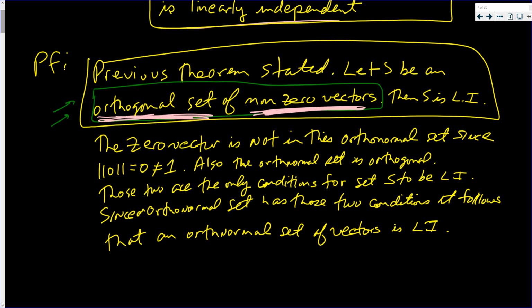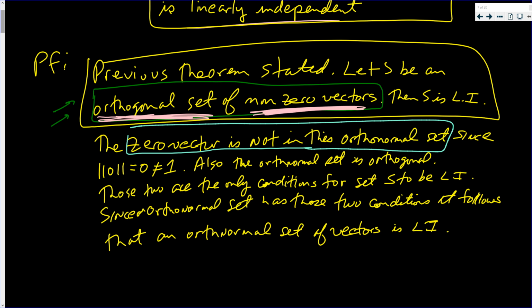Okay, so again, we just showed that the set in the theorem, the set of orthonormal vectors, doesn't have the zero vector, and that the orthonormal set is orthogonal.